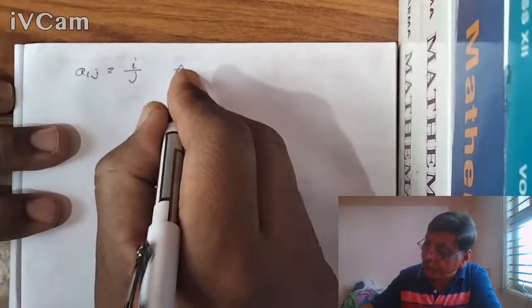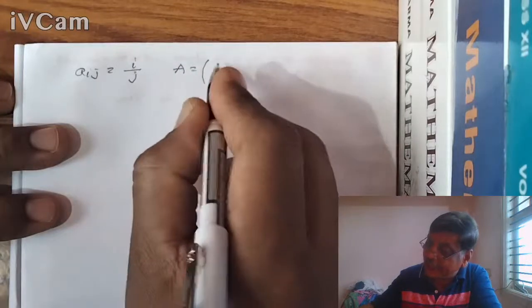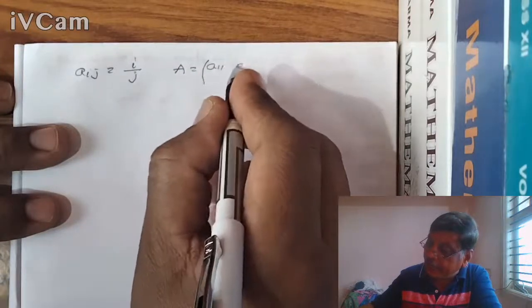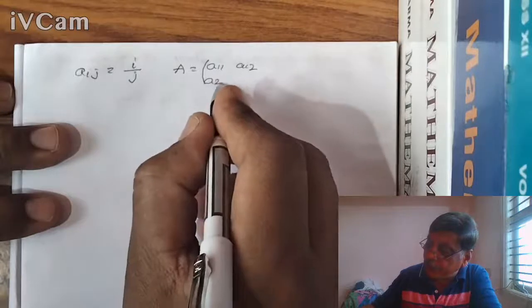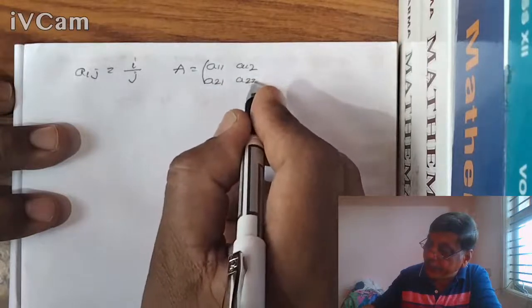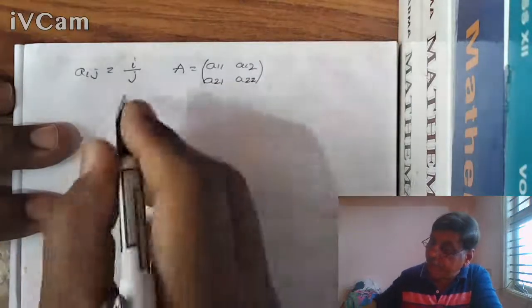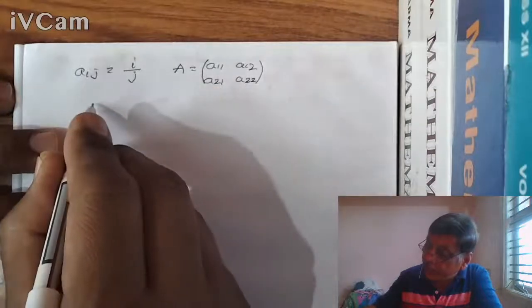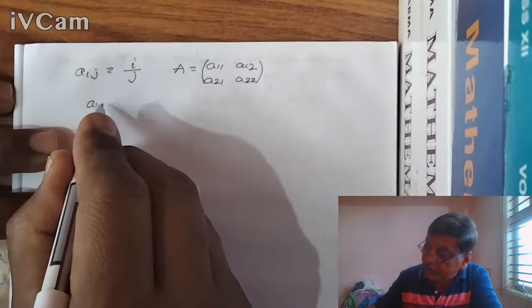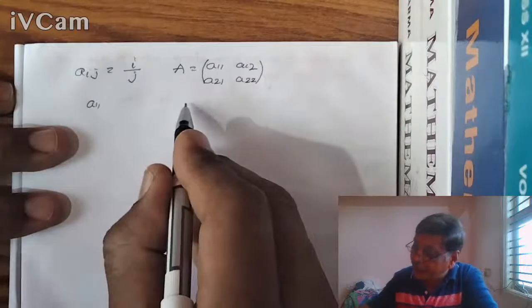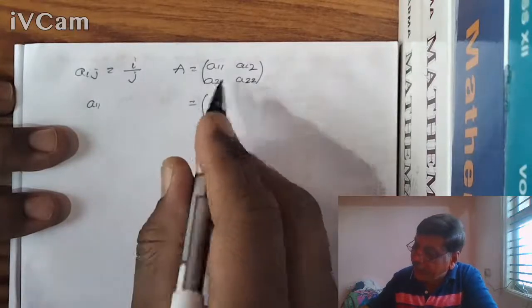We have to find the 2 cross 2 matrix. First write the general elements A11, A12, A21, A22. Next, you find them one by one.